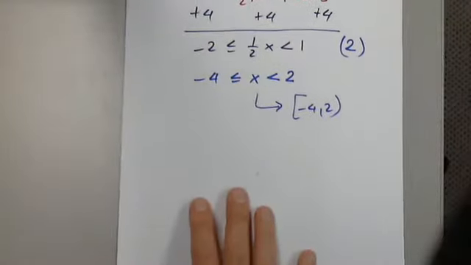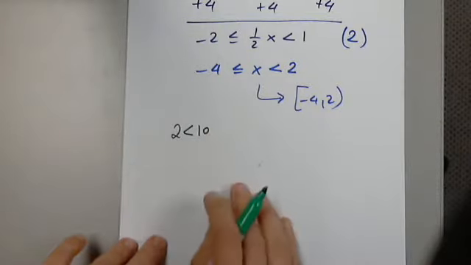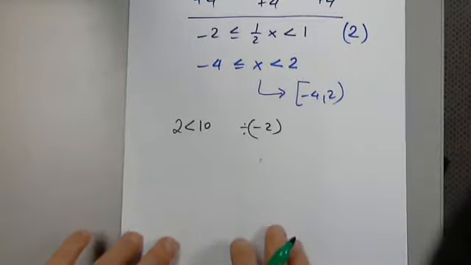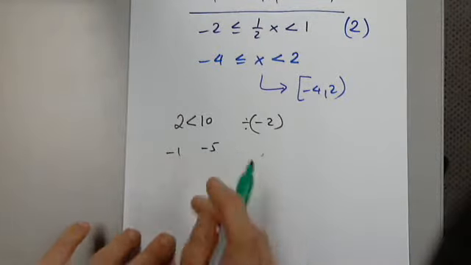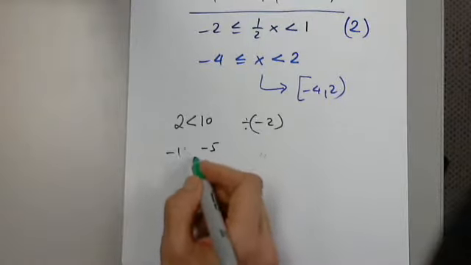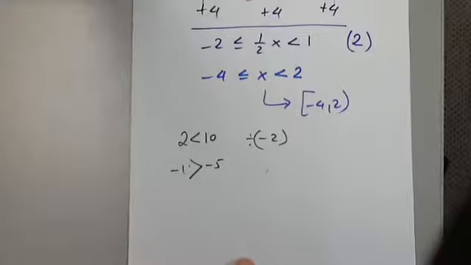Only if divided. Right. So let me refresh your memory on that. Is 2 less than 10? Yes. What if we decide to divide both sides by -2, and I get -1 and -5? Is -1 still smaller than -5? No. So this happens every time we multiply or divide both sides of an inequality by a negative number.